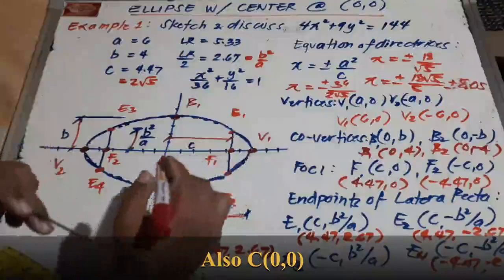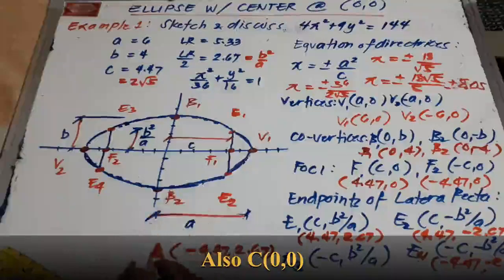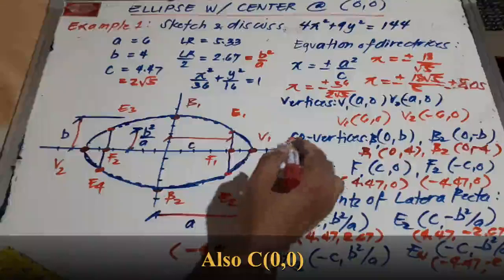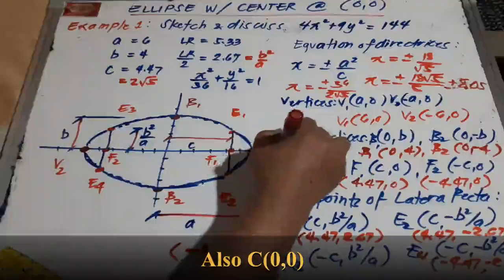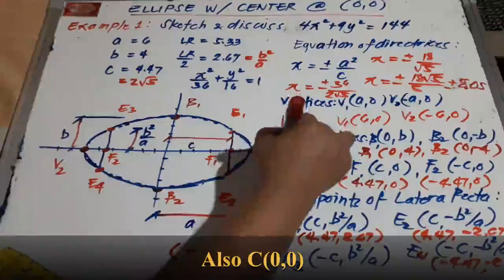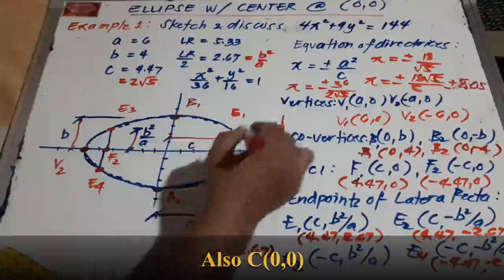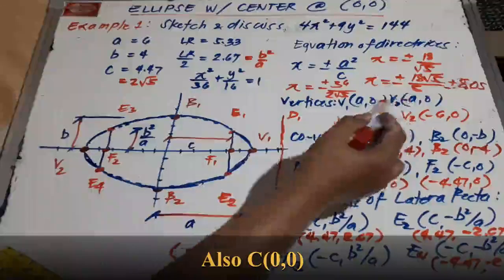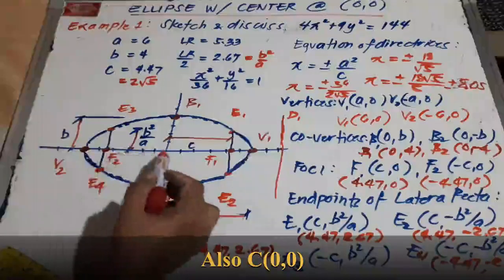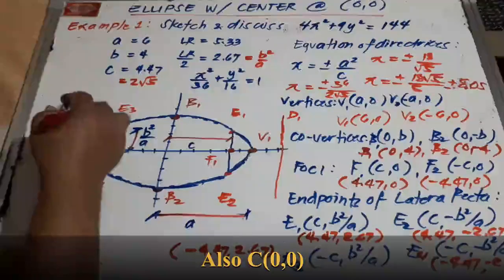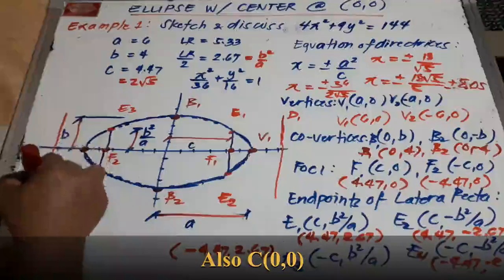Ibig sabihin, 8.05 ang layo ng ating vertical line from the center. 1, 2, 3, 4, 5, 6, 7, 8. So, somewhere here, lampas lang na kaunti. Yan yung isa na directrix. Yung ikalawa na andito, yung negative. Yung positive ito, yung negative na sa kabila. 1, 2, 3, 4, 5, 6, 7, 8. So, nandito. Ito yung directrix.